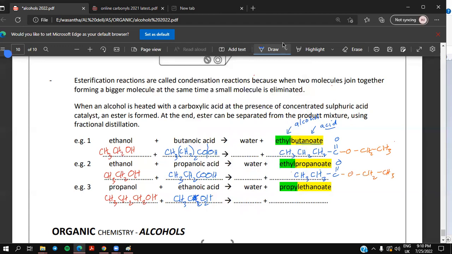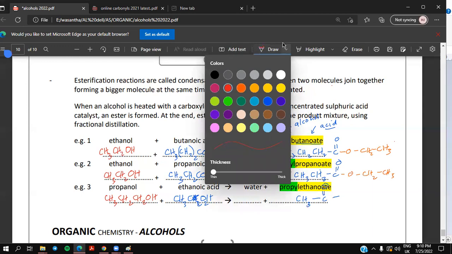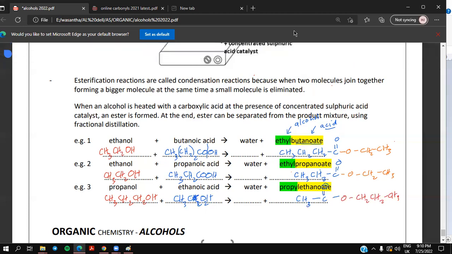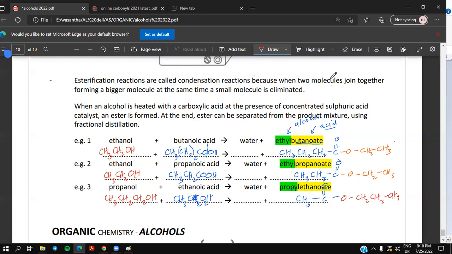So I'll start with ethanoic acid, CH3, CO. And the alcohol part is O, CH2, CH2, CH3. O, CH2, CH2, CH3. I think we have got this idea.